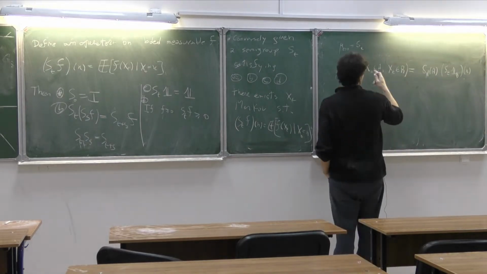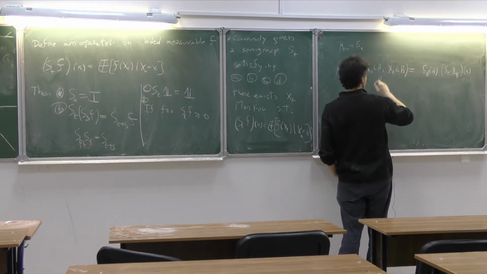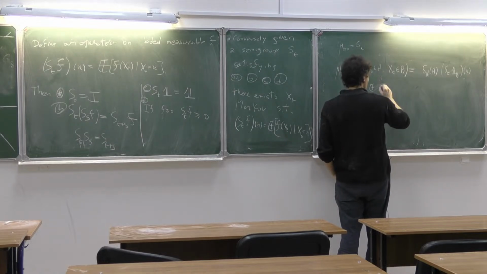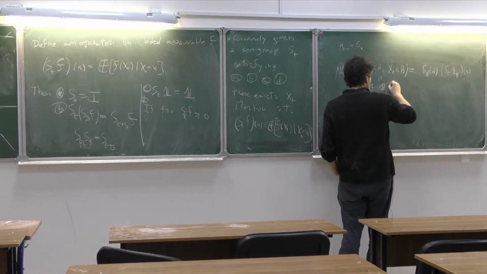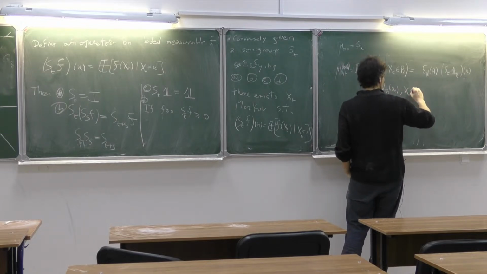Okay, x0 is in A is an empty condition if it's not there, and so xt is in B. It's the probability that xt is in B given that I start in X. This is like the expected value of the indicator function of B at xt, with the condition x0 is X.